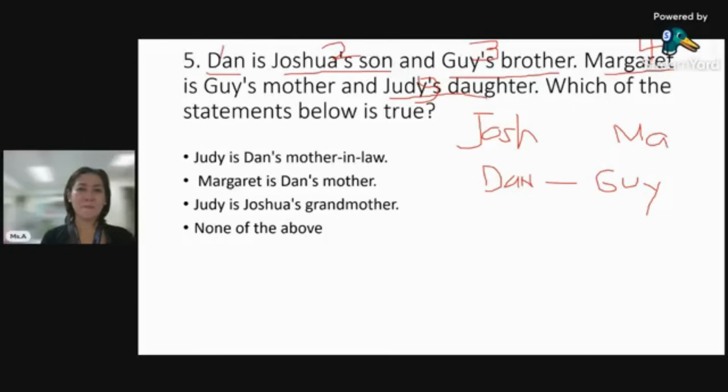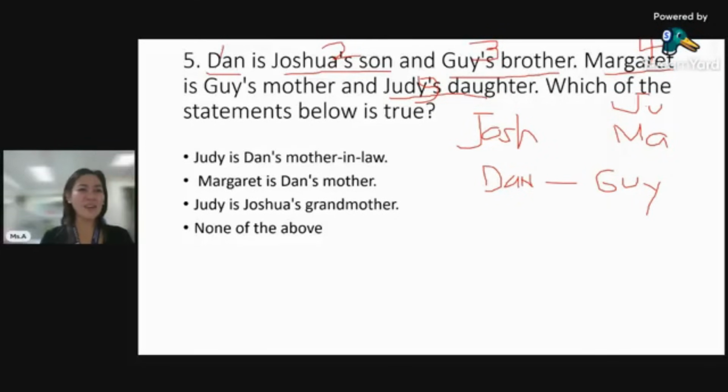Tama? Anak na babae ni Judy. Okay. So, Margaret is Guy's mother. Tapos, siya ay anak ni Judy. So, dito natin lagay si Judy. Okay. So, alin ang totoo?